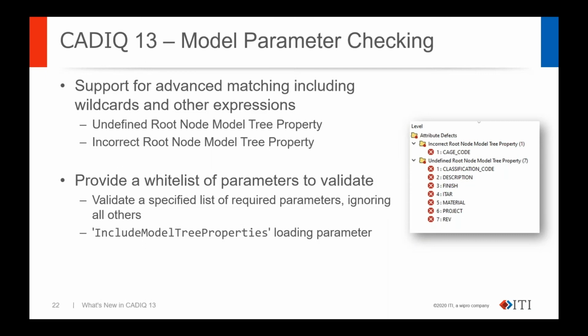So there's now the ability to provide a whitelist, or specified list, of parameters that you want to validate, and any other ones would be ignored. The parameter called include model tree properties provides that capability. This is just some of what we've added in CADIQ 13 to expand and provide better coverage for notes and parameters checking in the models.